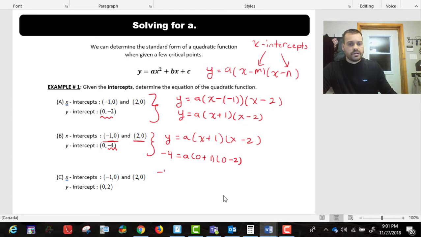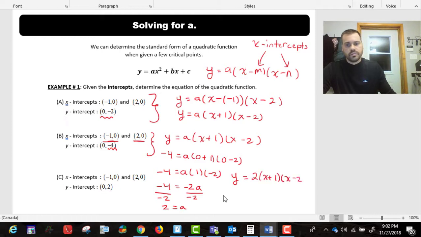And that's going to give me minus 4 is equal to a times 1 times minus 2, which means minus 4 is minus 2a. And I'm going to divide both by minus 2. And that gives me 2 for a. So now a is 2. So y is equal to 2 times x plus 1 times x minus 2.